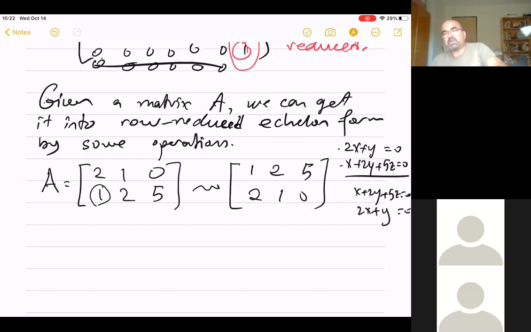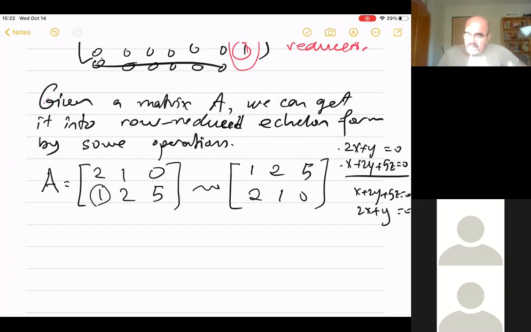You just interchange the place of these two equations. Their solutions are the same, right? So this corresponds to interchanging the place of two equations.